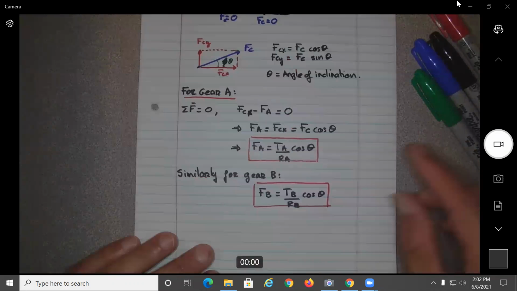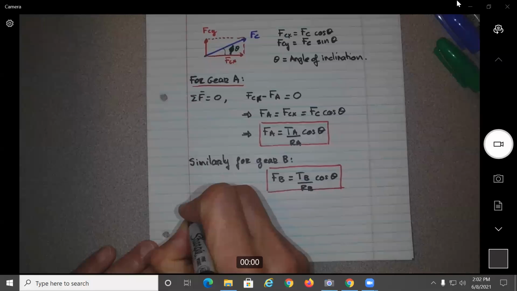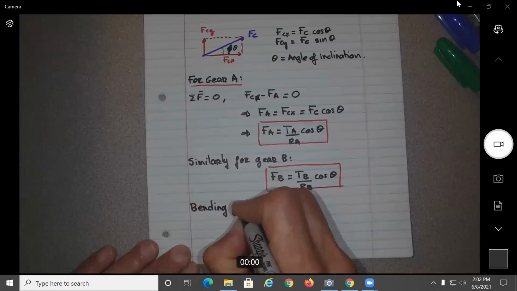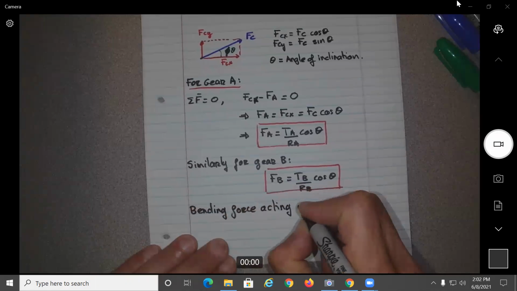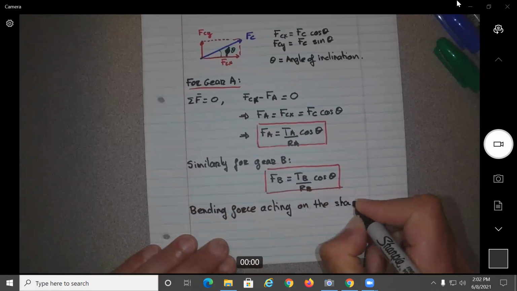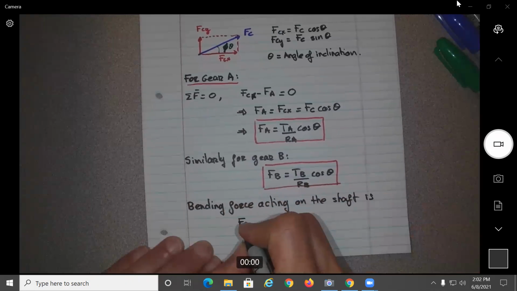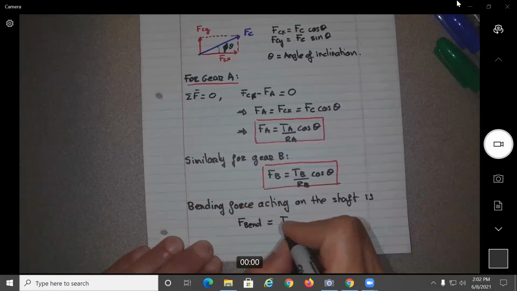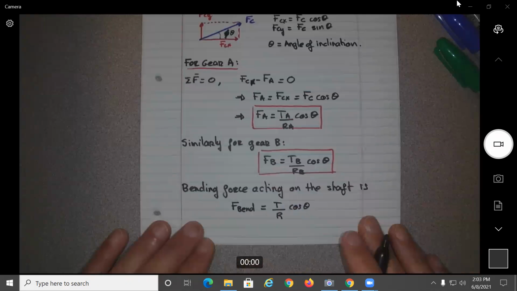Okay, so you can say here the bending force acting on the shaft is F bending equal to torque over R cosine theta.